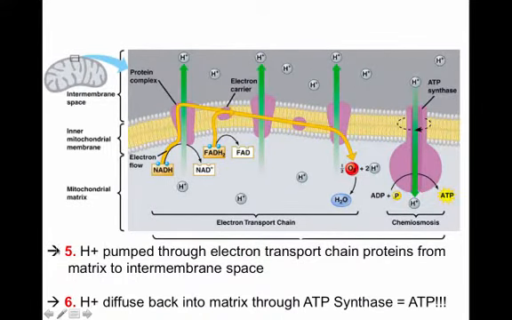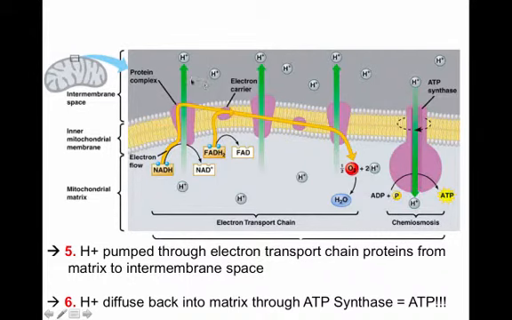So we talked about step 5 here. Hydrogen ions are pumped through these protein channels as the electrons come in contact with them, as they move down the electron transport chain. And while we do that, we are creating a very high concentration of hydrogen ions in the intermembrane space.